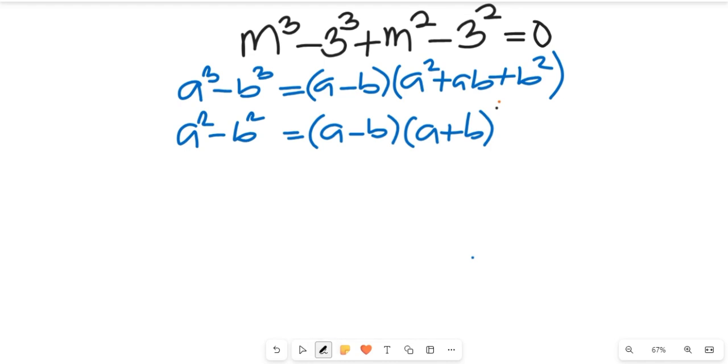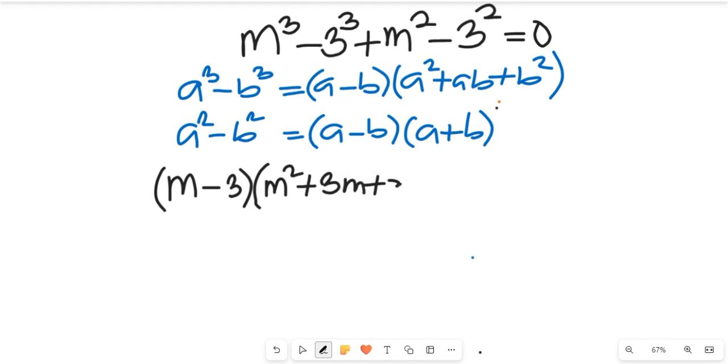So if we apply that, the first one will give us m minus 3, right? And then the second expression will give us m squared plus 3m plus 3 squared, right?